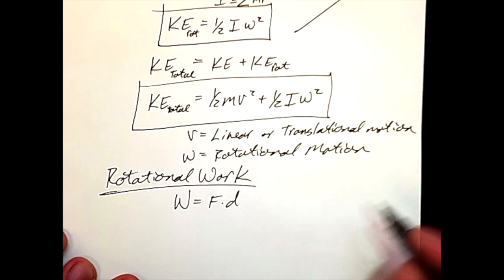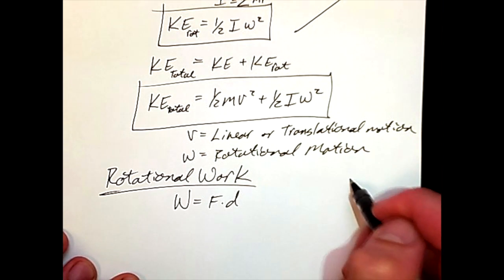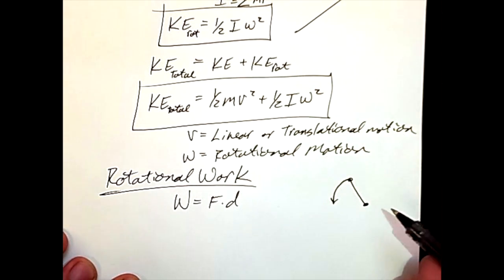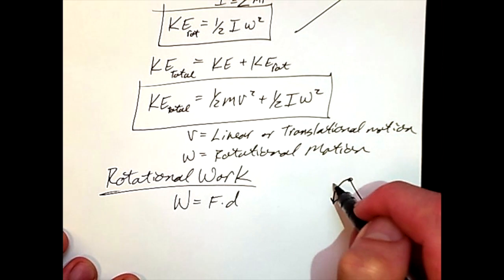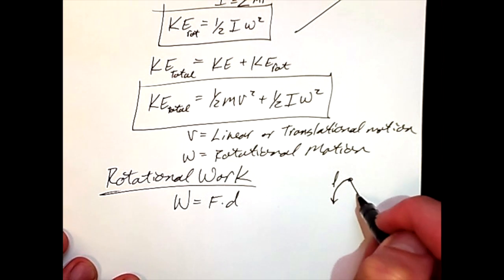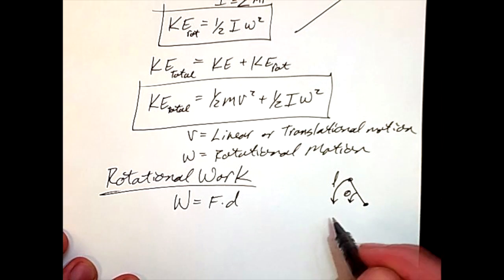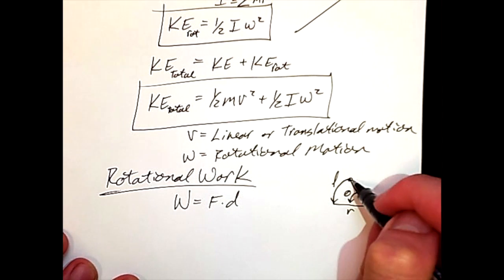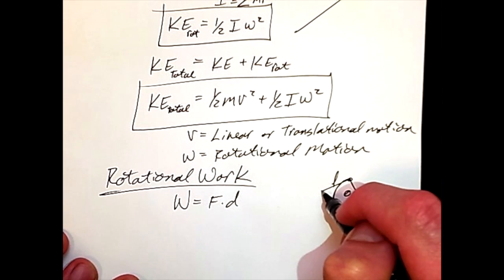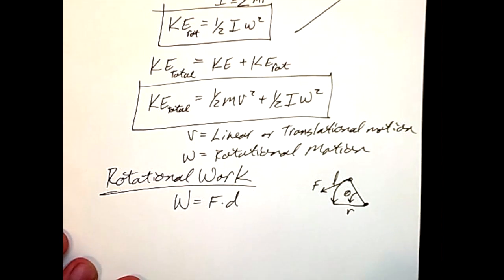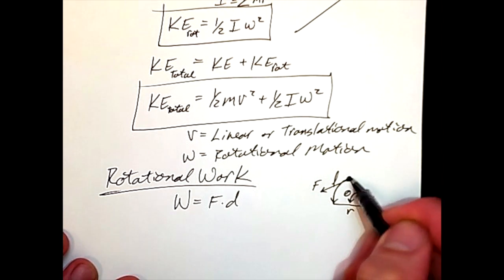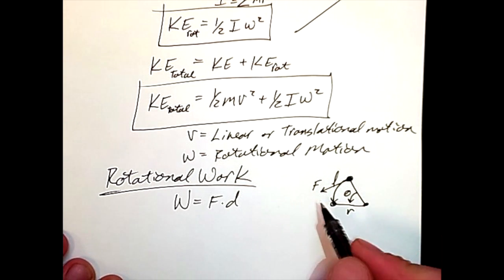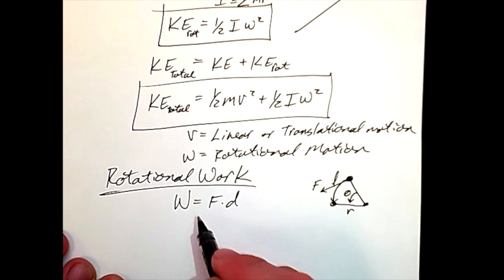But we know that in a rotating body, if I had an object here and this was the center of the circle and I go to rotate it around like this, it moves through an arc length L based on an angle theta from here to there over a horizontal radius of r by applying a force tangential to the path here as F, that causes this to rotate from this position to this position. That force is really a torque in a rotational body, right?